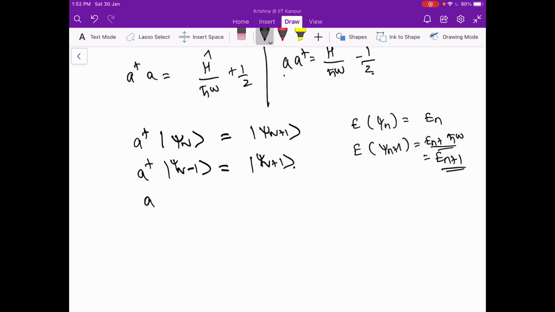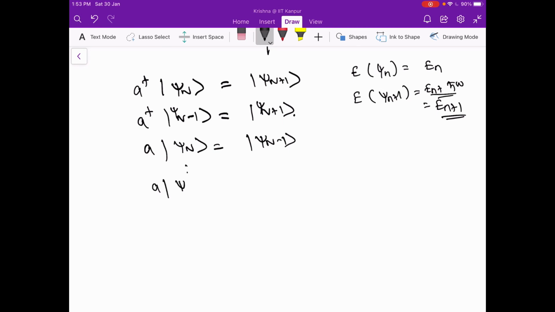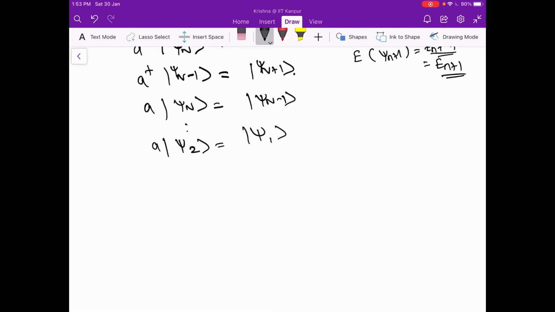and A acting on psi of n gave psi of n minus 1, A acting on psi 2 will give you psi 1, and obviously A acting on psi naught or the ground state is going to give us 0, right?